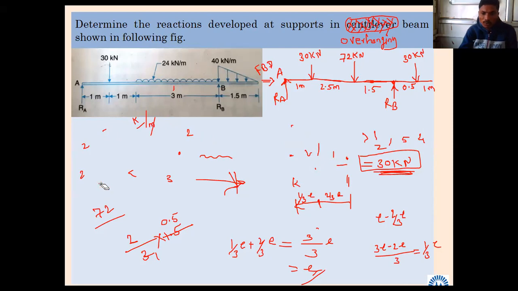Apply the conditions of equilibrium. Which will be the first condition then? Summation of y equal to 0. Apply it. Tell me which value you will get.